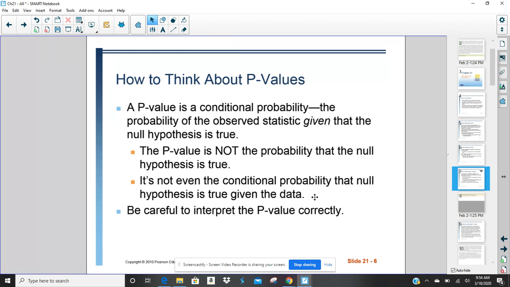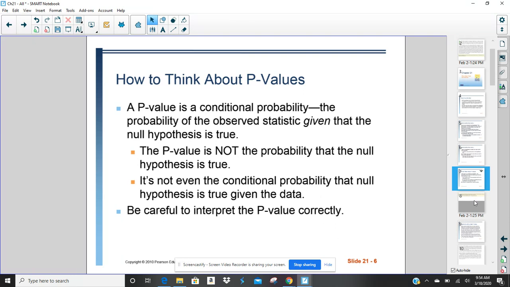So what we're saying is, if the null hypothesis is true, what's the chance that we are going to observe what we saw in the sample? The p-value is not the probability that the null hypothesis is true. It's not the conditional probability that the null hypothesis is true given the data. It is the probability of us seeing the alternative happen if the null hypothesis were true.